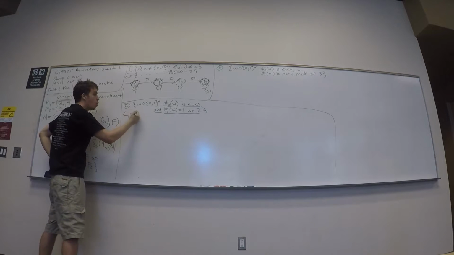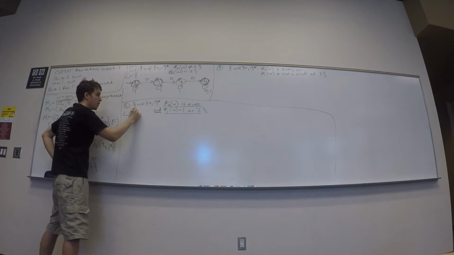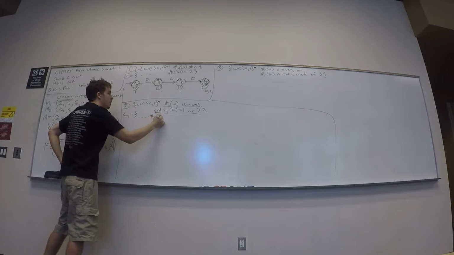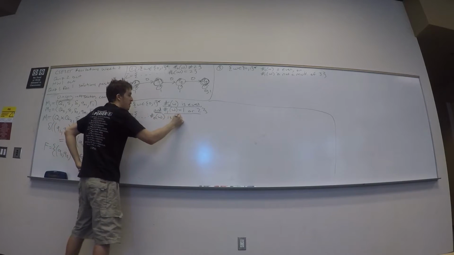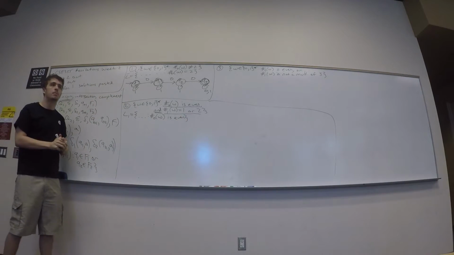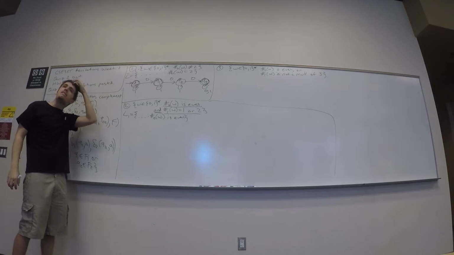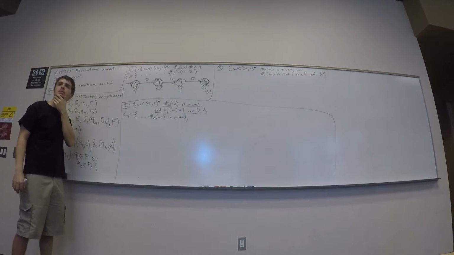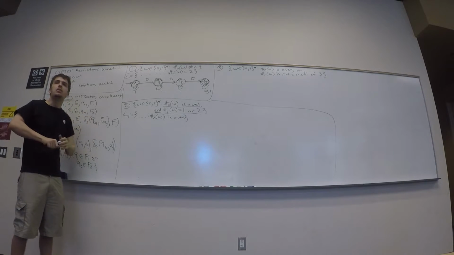I'm going to call L1 the first one. So it's all the strings such that the number of zeros is even. Can we make a DFA for that? How would we do that?